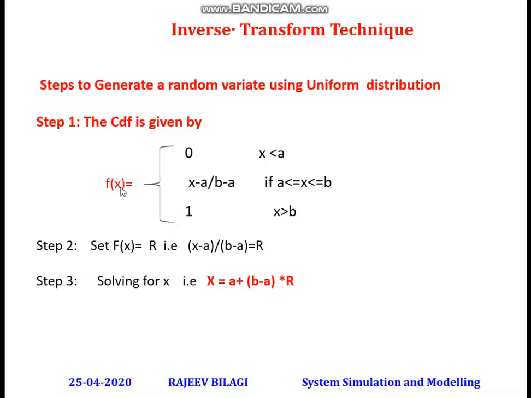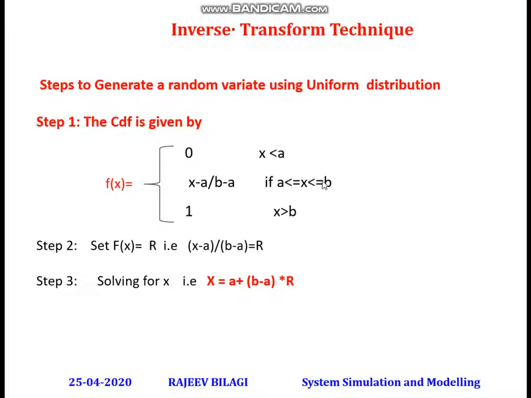Now how to generate this? We know the CDF for the uniform distribution: f of x equals 0 when x is less than a, (x minus a) divided by (b minus a) if a is less than or equal to x, less than or equal to b, and 1 when x is greater than b. Now, as usual, set f of x equal to r.